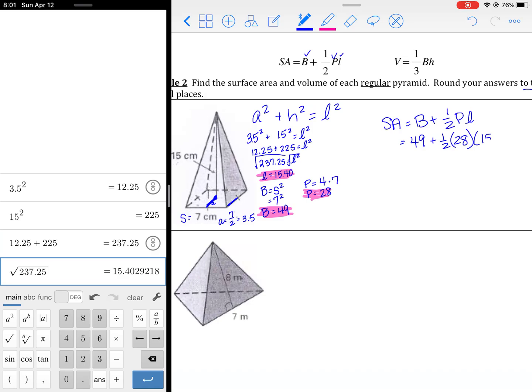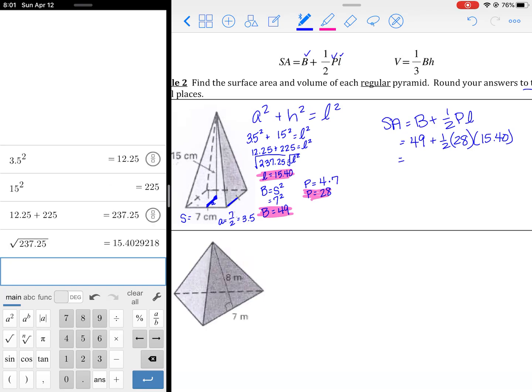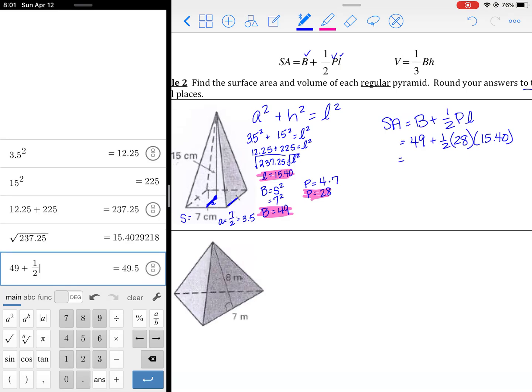All right, so now I'm ready to multiply and add that. So I'm going to type that directly into the calculator very carefully. So the area of the base was 49 plus 1/2 times 28 times 15.40.